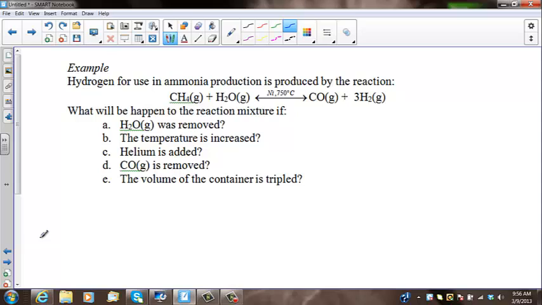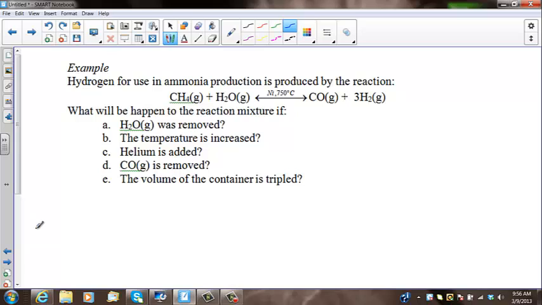Okay, and the last one that's in your book, you should recognize this. So what kind of reaction does this look like? You have a nickel catalyst, and the reaction is at 750 degrees Celsius. This reaction is very exothermic.